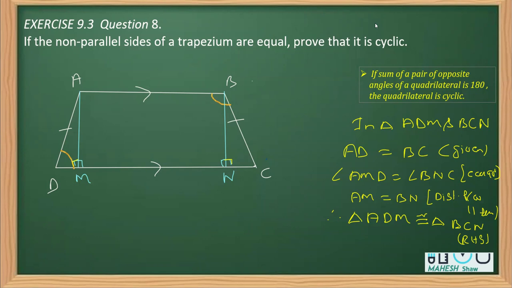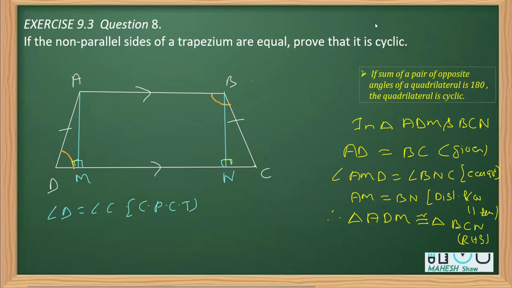Now, if these two triangles are congruent, I can say that these two angles, one is this, will be equal to this. That's from CPCT. So I'm writing here, we have angle D is equal to angle C. That's from CPCT, which is corresponding parts of congruent triangles.